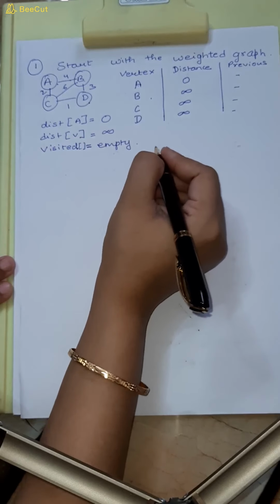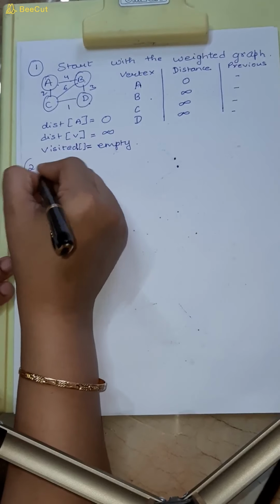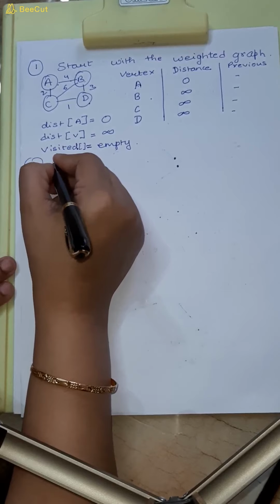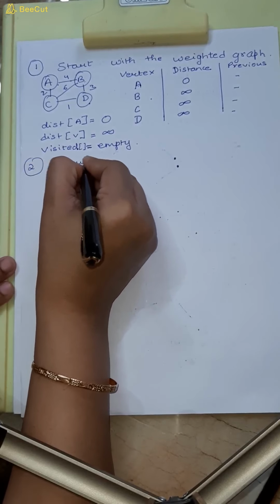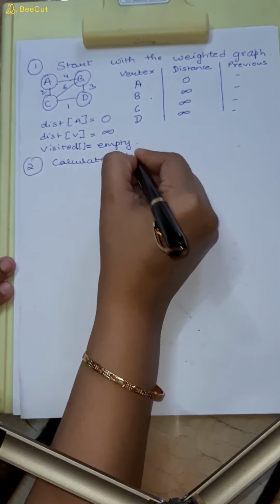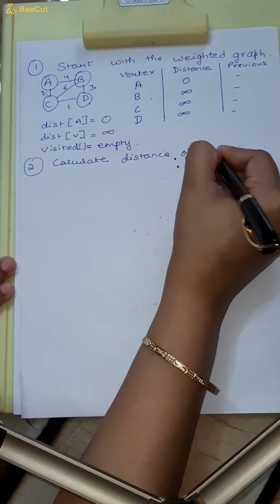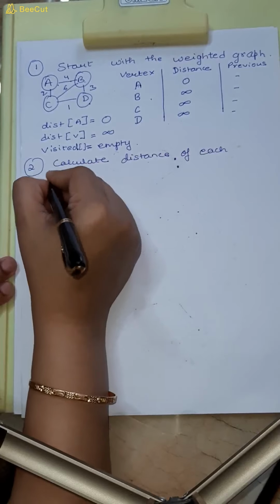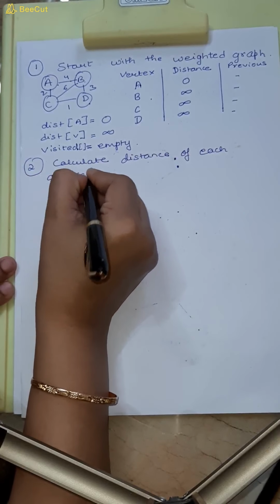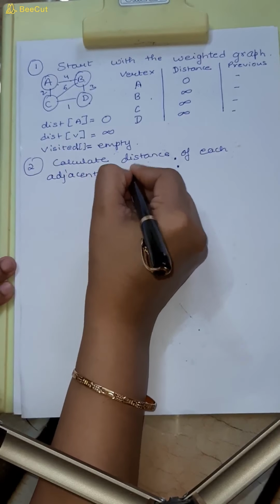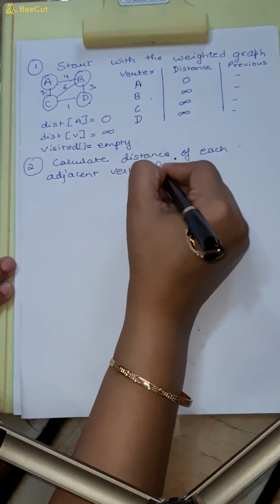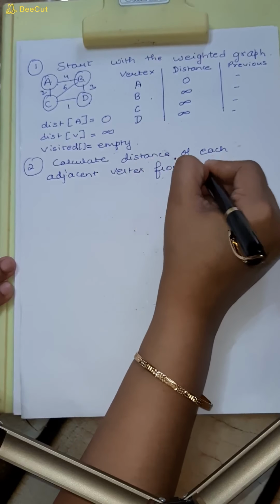Then we have to start by calculating the distance of each adjacent vertex from the start vertex.